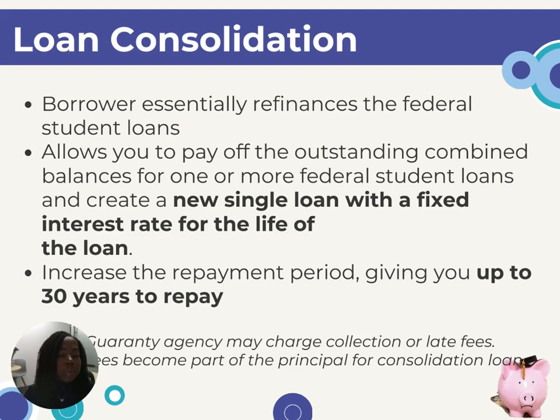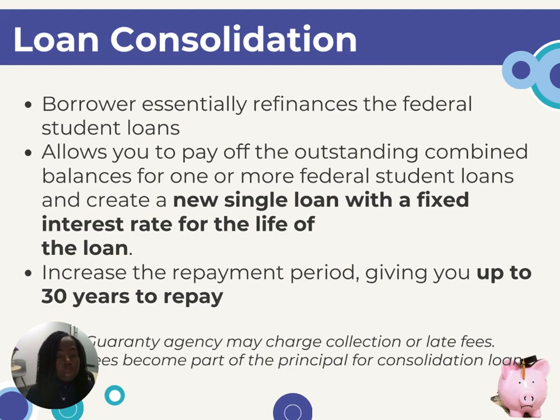The next option for getting a loan out of default is called consolidation. So if you don't have the time to invest in a 9-month payment plan, you can consolidate your loan. Basically, you're refinancing the federal student loan, and it allows you to pay off the outstanding combined balances for one or more of your federal loans, and it creates a new single loan with a fixed interest rate for the life of the loan.